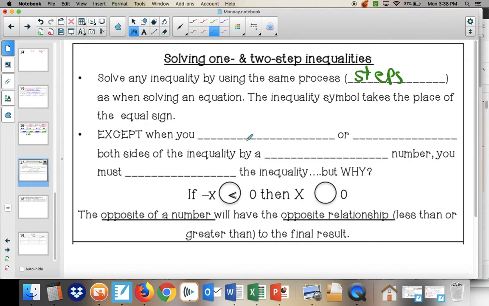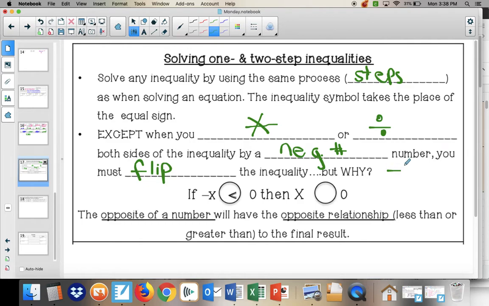Except for when you are multiplying or dividing both sides by a negative number, you are going to flip your inequality sign.